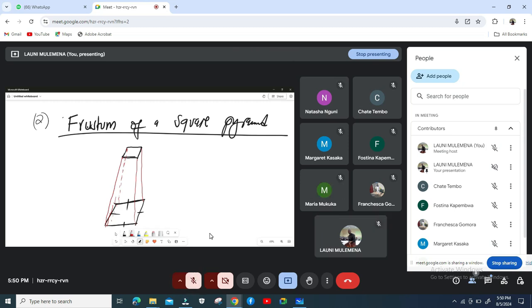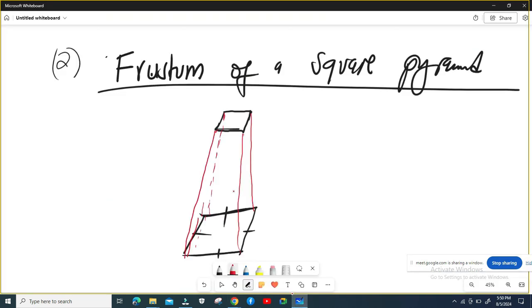Okay. So now this is how it looks like. I'm sure you are able to see. Of course, even on top of the question, they'll clearly tell you this is the frustum of a square pyramid.